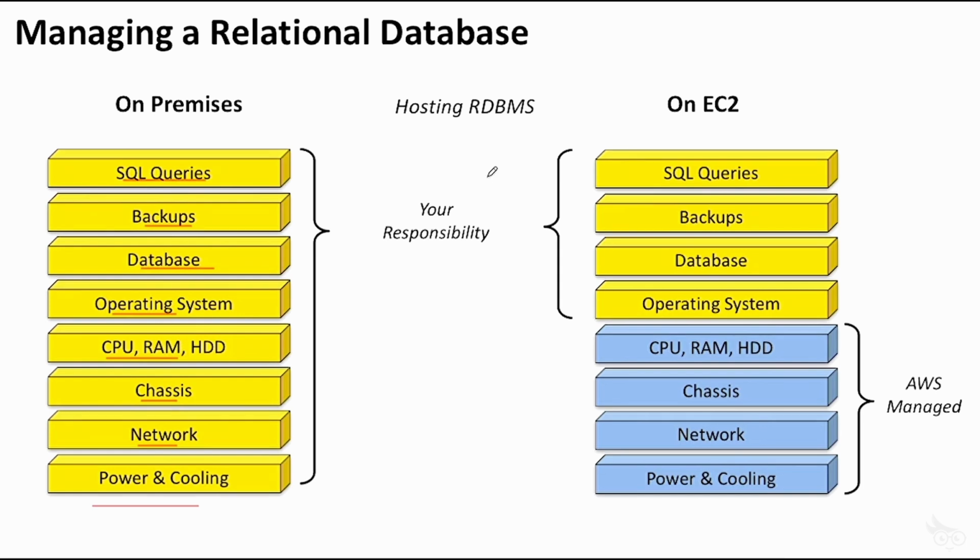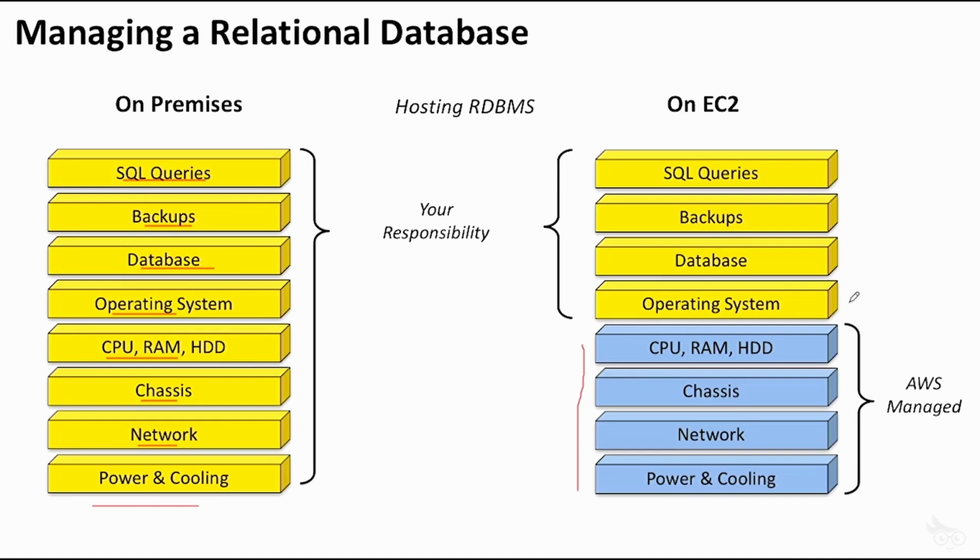Now, we could host a relational database system on EC2 if we want, and a lot of customers do that, but we should know what our responsibility is. If we host a relational database on EC2, then Amazon will be responsible for a number of things, from power and cooling all the way up to the CPU and the physical resources of that machine. Once we launch a virtual machine, the operating system is still our responsibility.